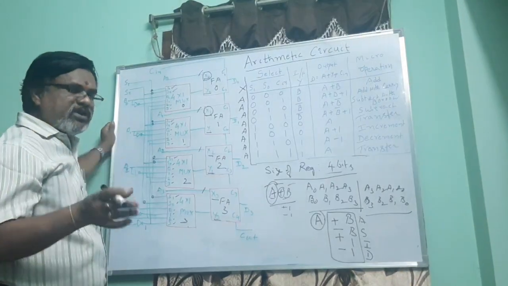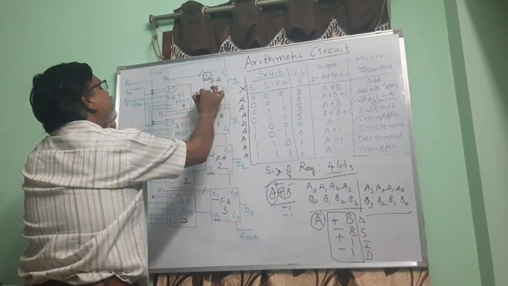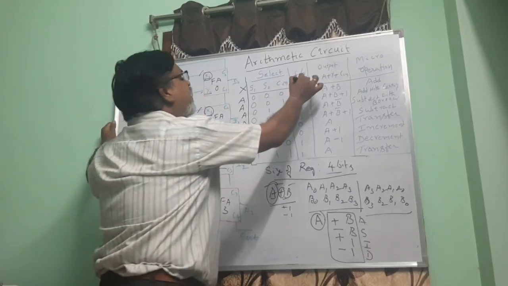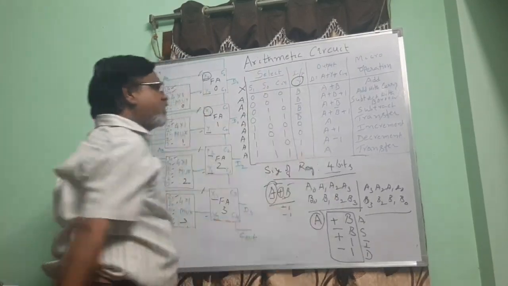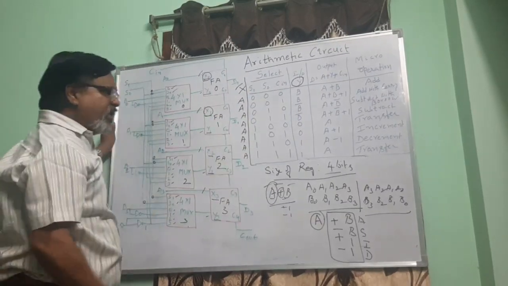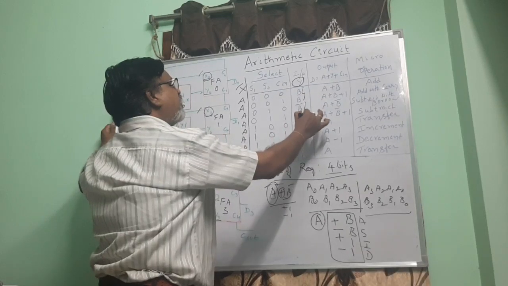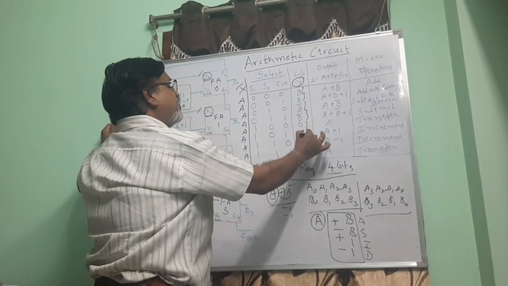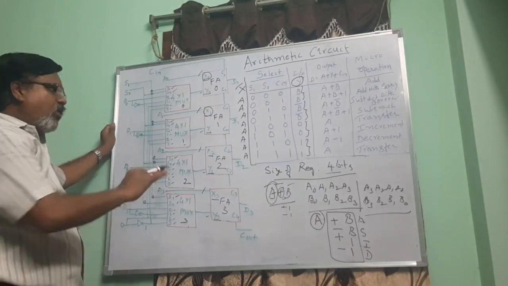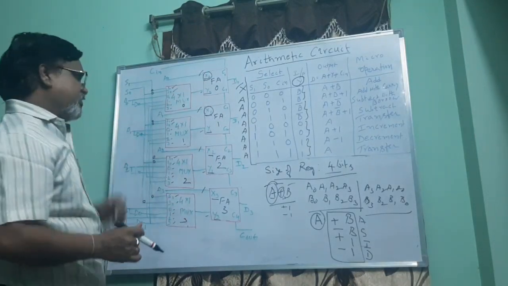It should be 3 inputs. Let us discuss the second input. The second input here is y0, y1, y2, y3. So here the first input is this one, and the second input y is either B, or B bar for the subtraction, or 0, or 1. Any of these. Now how this y0 will be B or how this y0 is B bar, we will discuss now.